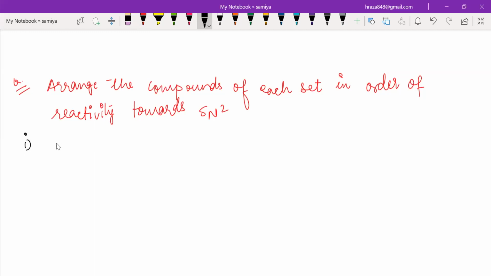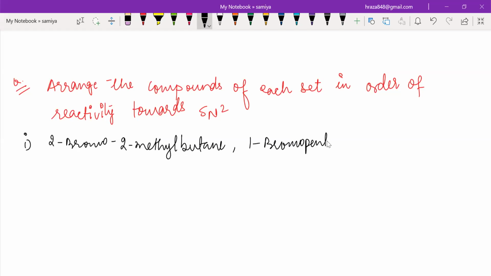The question is basically: 2-bromo-2-methylbutane, 1-bromopentane, 2-bromopentane.